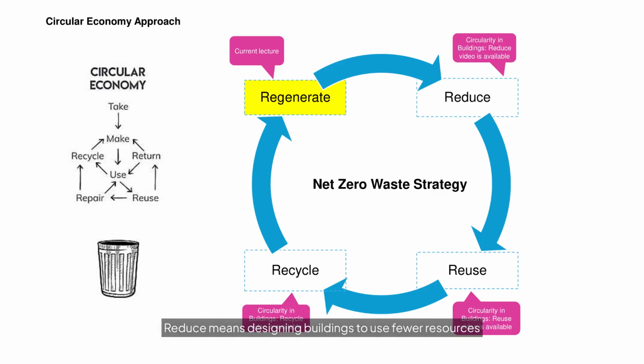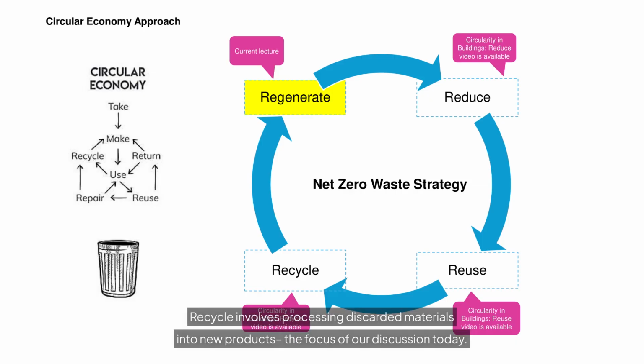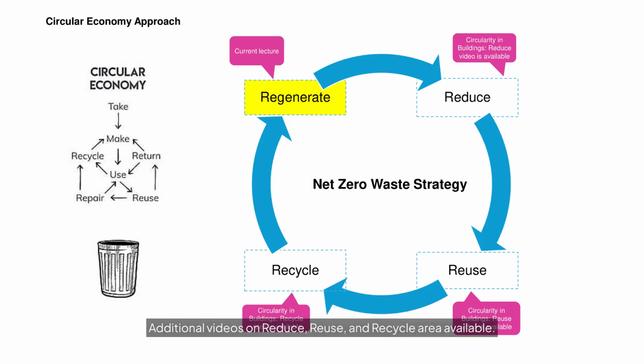Reduce means designing buildings to use fewer resources and generate less waste from the outset. Reuse is about designing buildings whose components can be easily disassembled and used again. Recycle involves processing discarded materials into new products. Regenerate enables building materials to replenish raw materials or restore ecosystem benefits. Additional videos on reduce, reuse, and recycle are available.